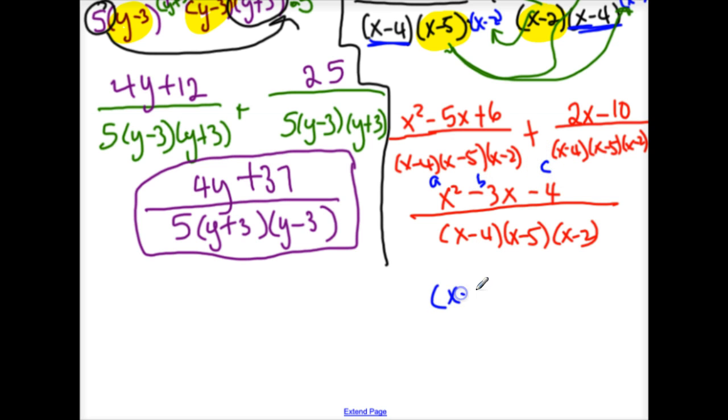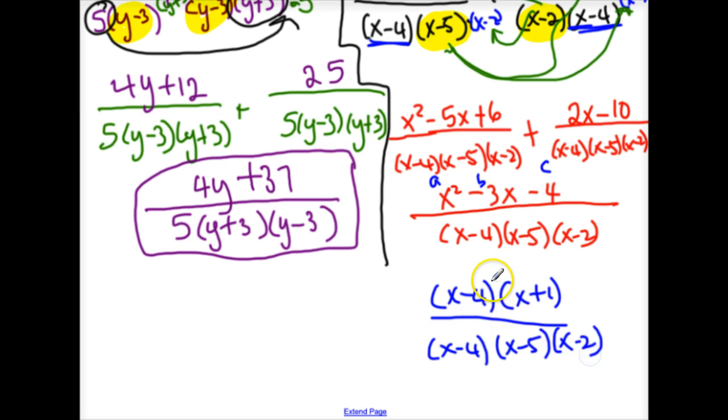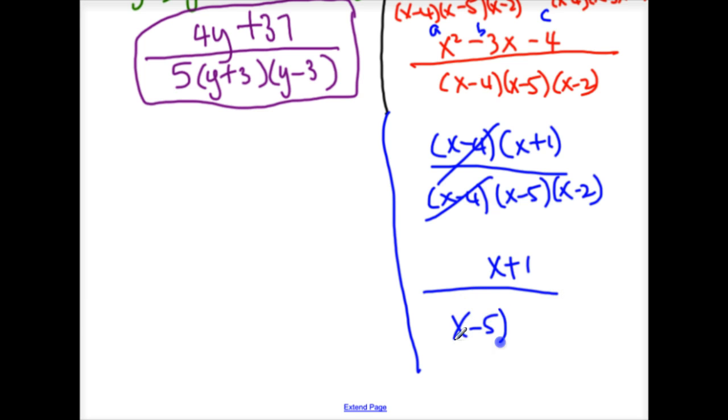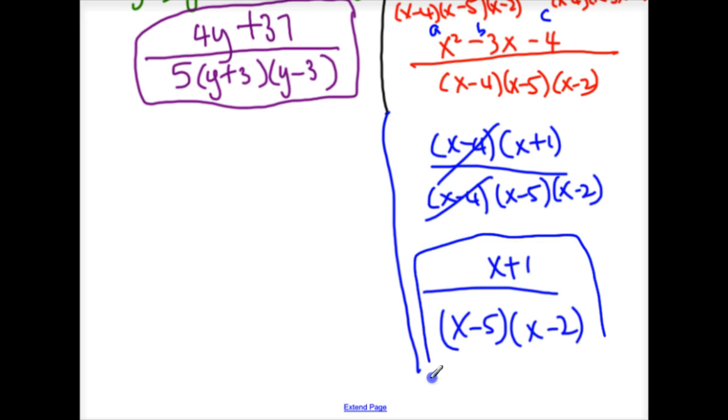This is factored to x minus 4 and x plus 1 all over x minus 4, x minus 5, x minus 2. My x minus 4s can cancel, and I'm left with x plus 1 over x minus 5 and x minus 2. This is my final answer.